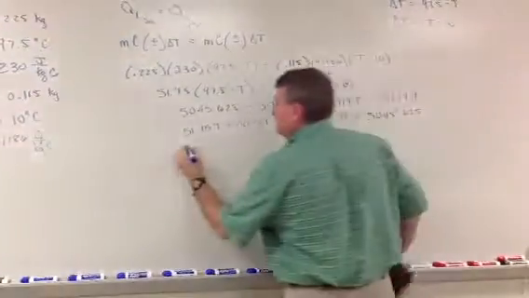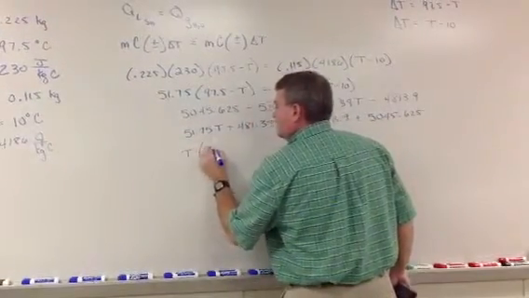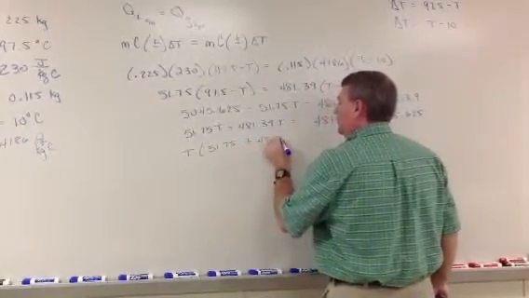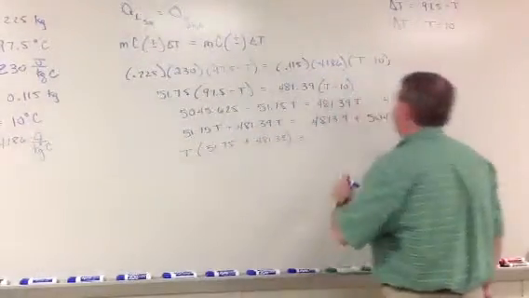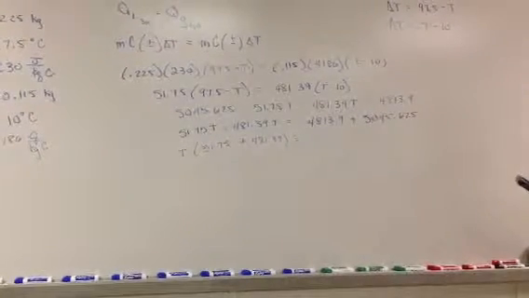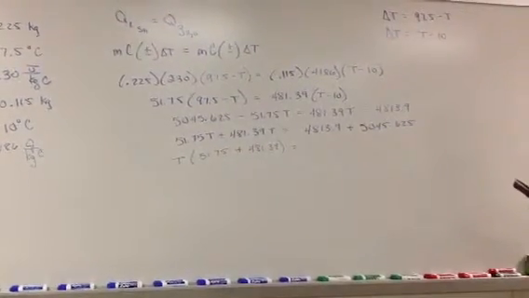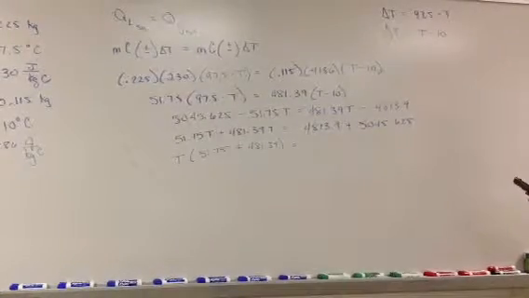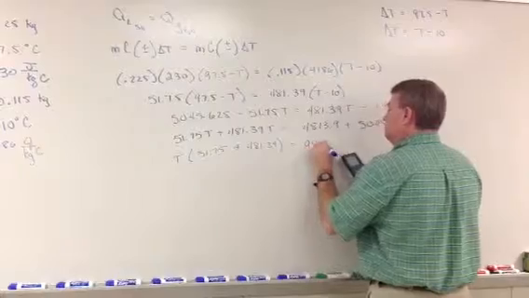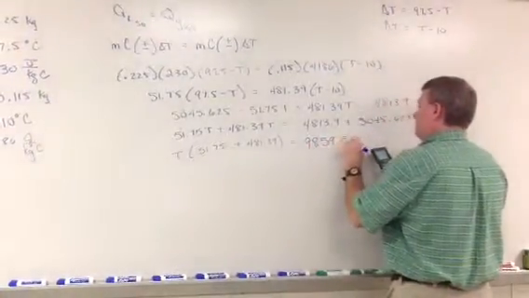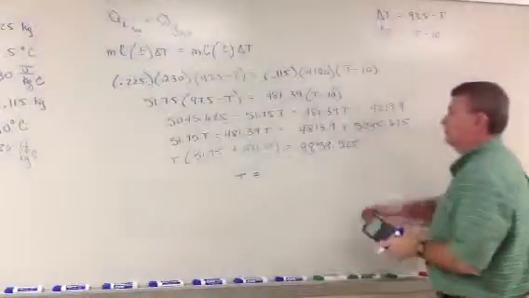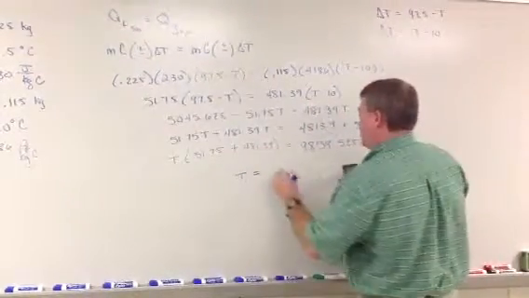Factor out the T. This becomes 51.75 plus 481.39 is equal to, go ahead now and add these two numbers together. 4813.9 plus 5045.625. And that gives me 9859.525. So temperature is going to be equal to this divided by that.